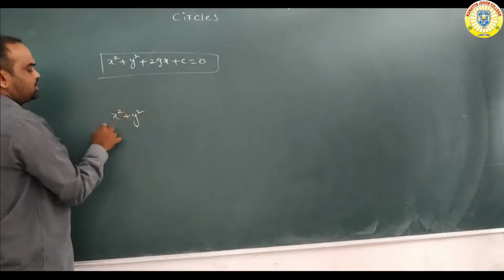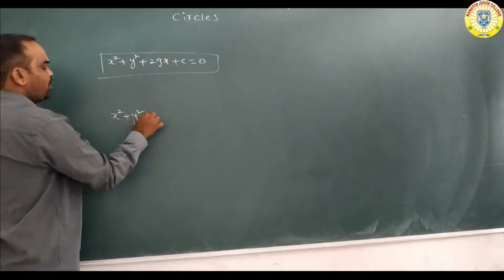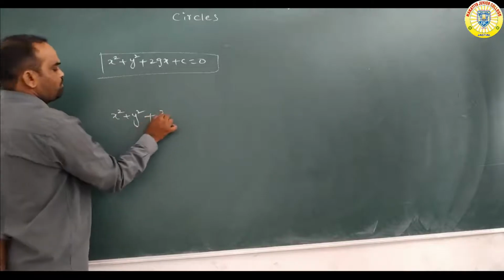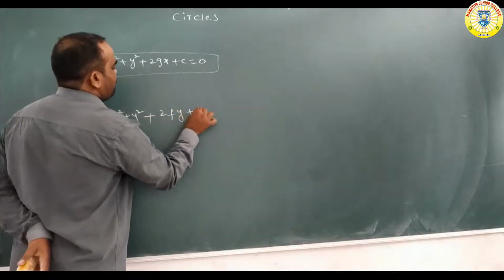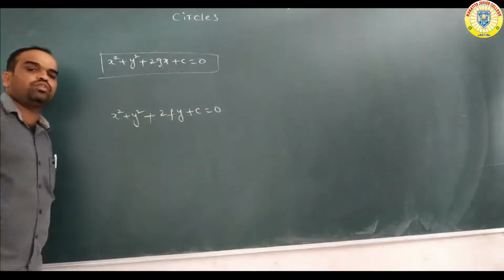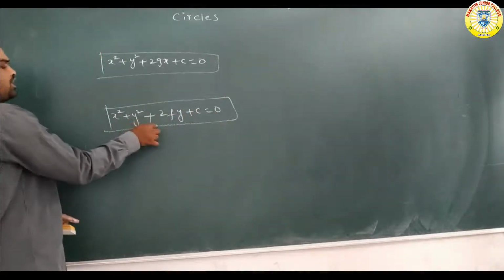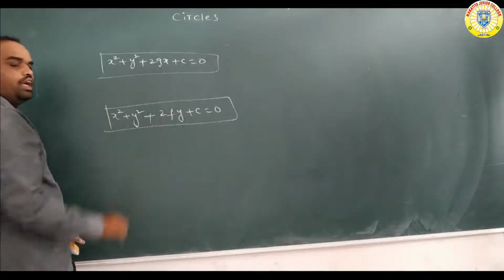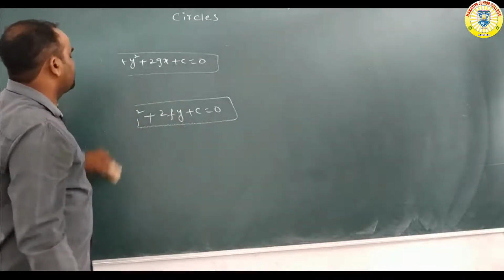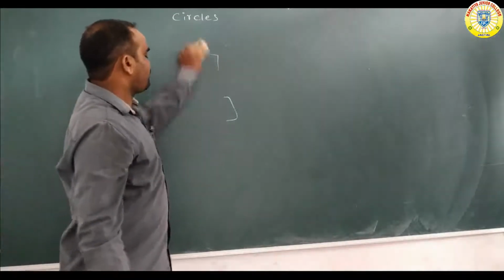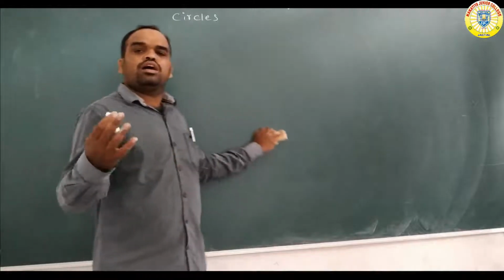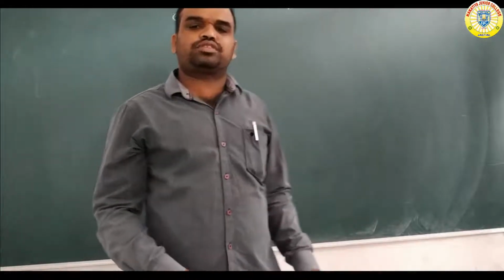In that case the circle equation is of the form x square plus y square plus 2fy plus c equal to 0. In that case, the center of the circle lies on the y-axis. This is the x-axis. Next, we are discussing our exercise problems.